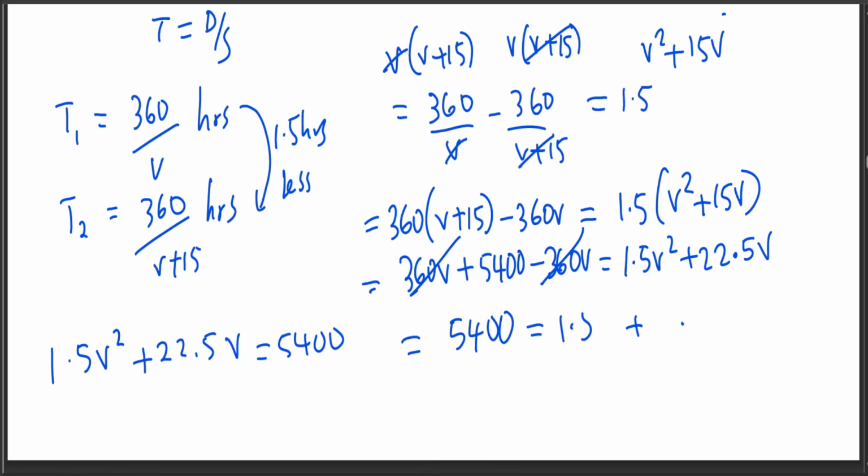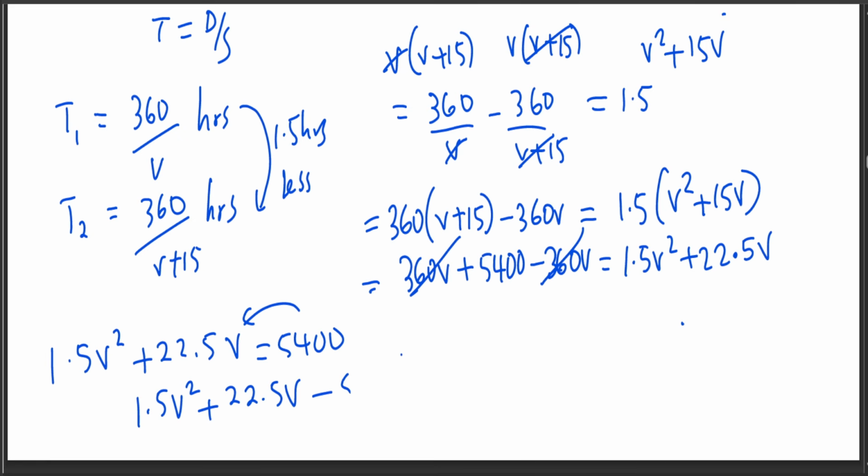Now bring 5,400 to the other side of the equation and rewrite it as 1.5 v squared plus 22.5v minus 5,400 is equal to 0. Sorry for that. 22.5 divided by 1.5. Okay.